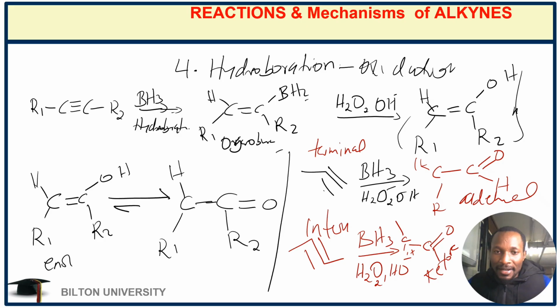It can either be an aldehyde or a ketone when you are dealing with alkynes. If it is a terminal alkyne and you perform hydroboration oxidation, you are going to have an aldehyde. And if you are working with an internal alkyne and you are performing the same hydroboration oxidation, you are going to have a ketone. So you must be able to understand which type of alkyne you are working with.